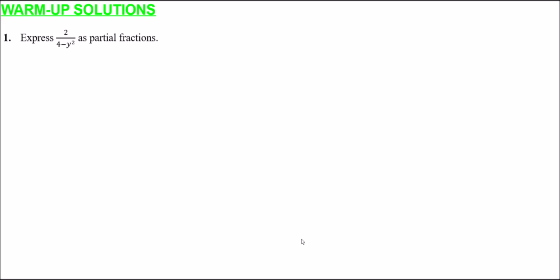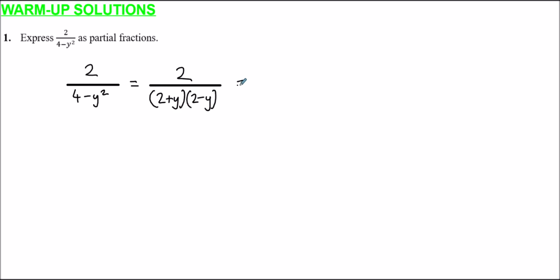First of all, we have to express 2 over 4 minus y squared as partial fractions. The key spot here is 4 minus y squared is a difference of 2 squares. So 2 over 4 minus y squared is of course the same as 2 over (2 plus y)(2 minus y).